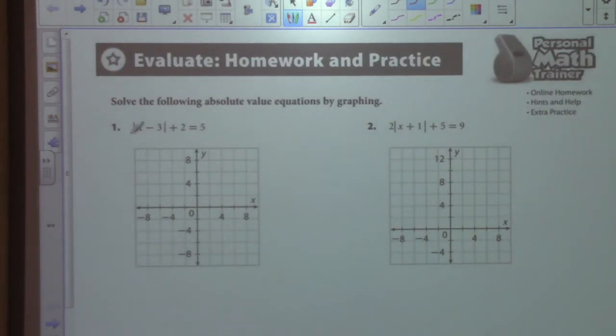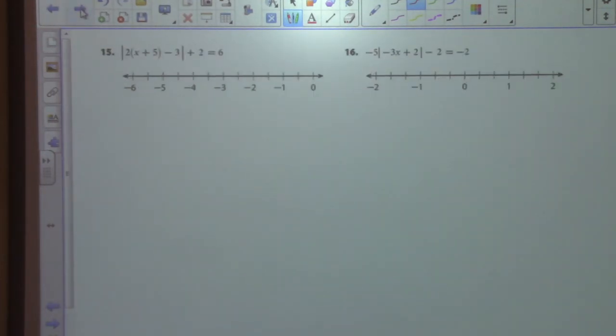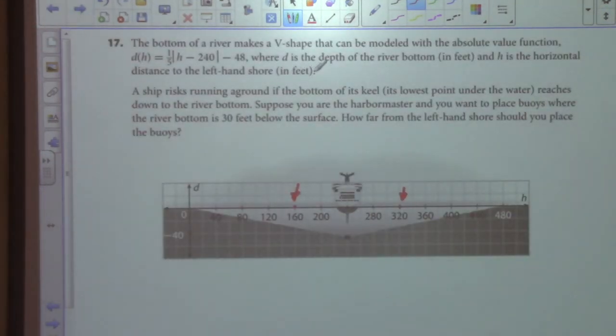Now, if you look back at the problem, this problem is actually like 1 and 2 here. I will show you. So 30 feet below, what's that?